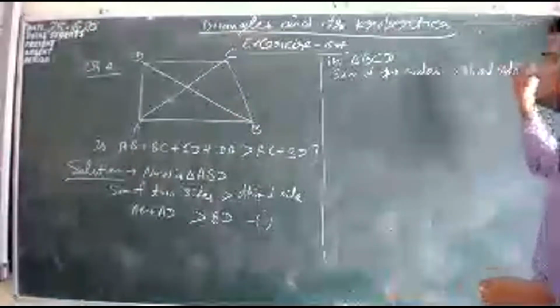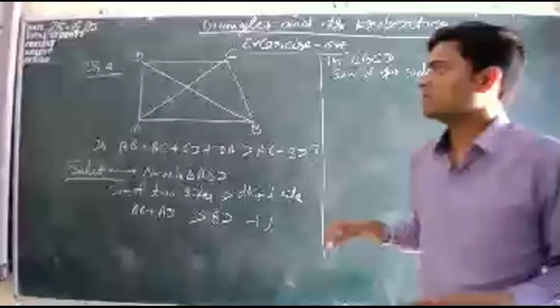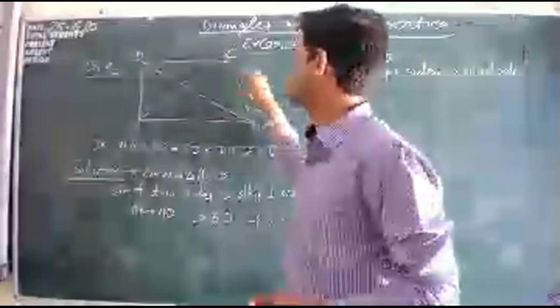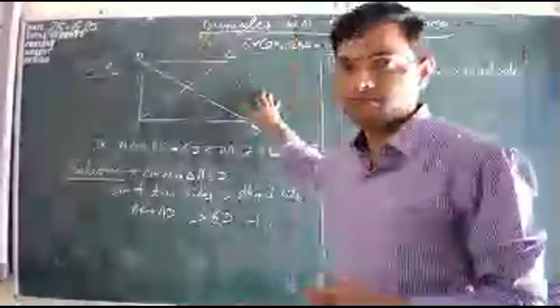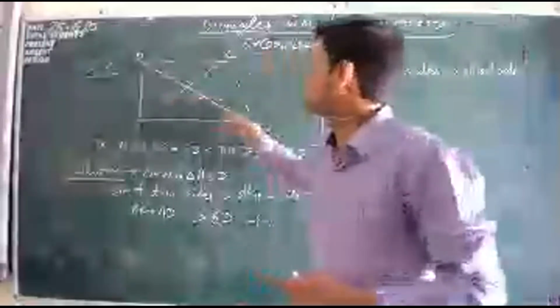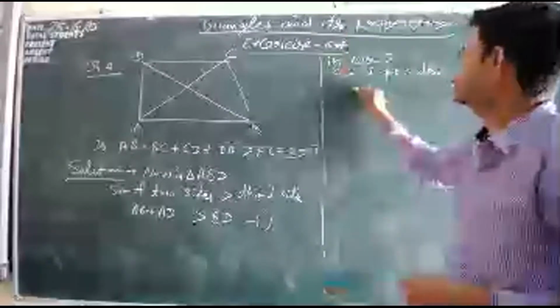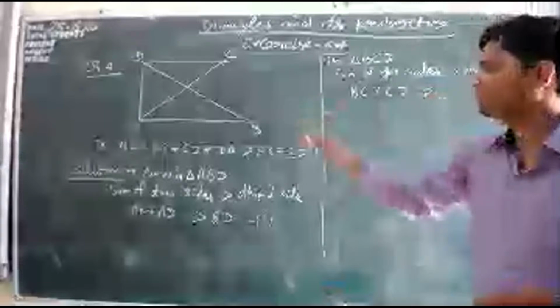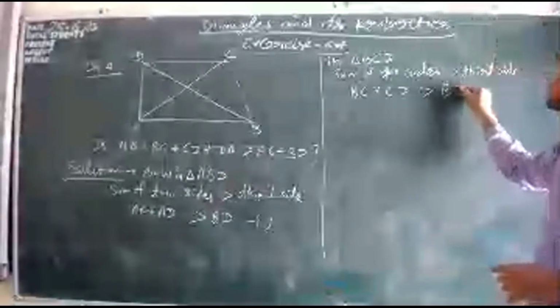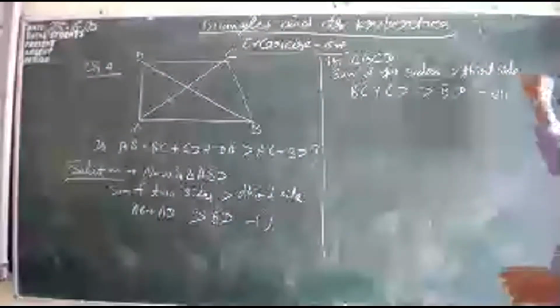We have two sides BC and CD, which should be on one side, and the other arm BD on the other side. It means BC plus CD is greater than BD. That's your second inequality.